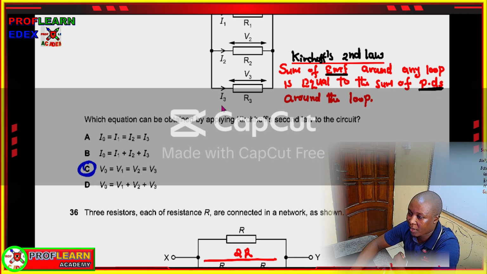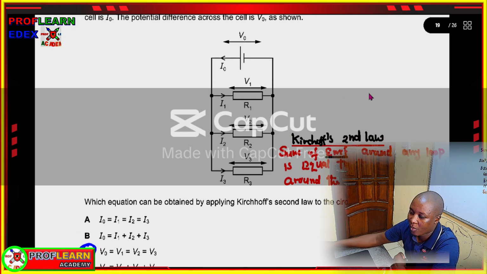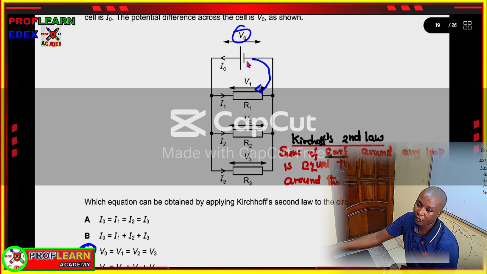That is going to be, remember, Kirchhoff's second law states the sum of EMF around the loop is equal to the sum of PDs around the loop. So we are going to say V0 is equal to V1 equals V2 equals V3, because if you consider this as a loop, V0, which is the EMF, is equal to the PD for this particular part.